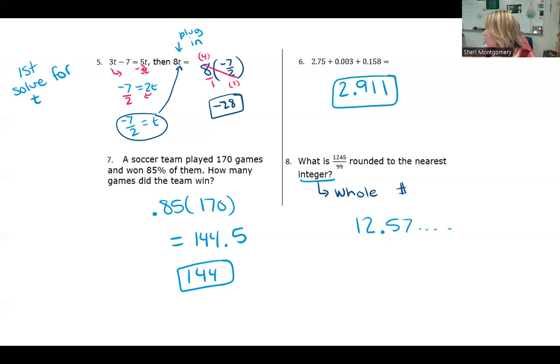Rounding that to the nearest whole number. We look at the 5, it tells the 2 to go up, so it's 13. The nearest whole number. 13 is a whole number. So it's saying take this and make it a whole number. So we have to round it. That is not a whole number. So we're making it a whole number.